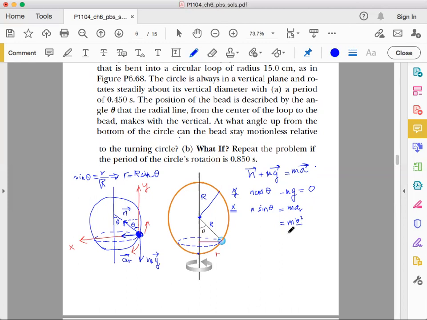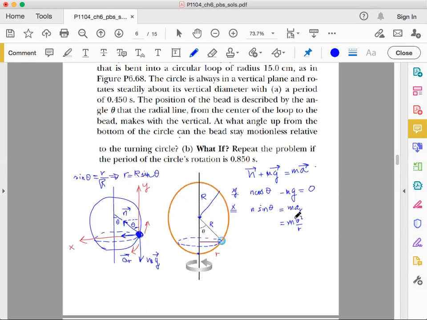So be careful here, this is the radius, small r, right? We don't have the value or the expression of V, the speed of the bead, but we know that it's rotating steadily, just like the wire, because the wire is rotating steadily about its vertical diameter. That means that the bead is rotating steadily as well along this circular path in the horizontal plane.